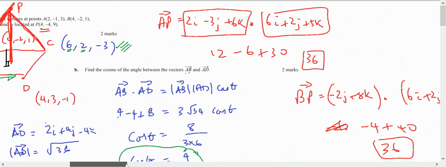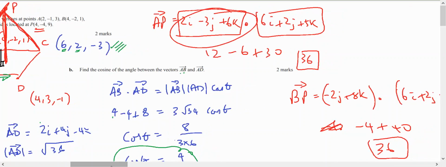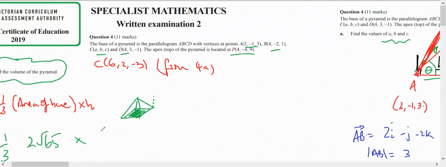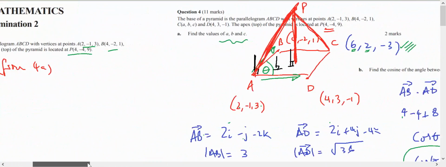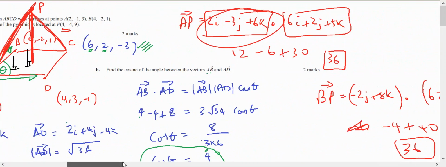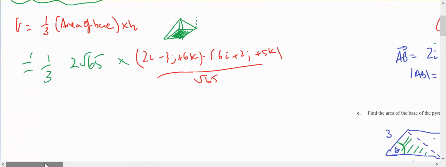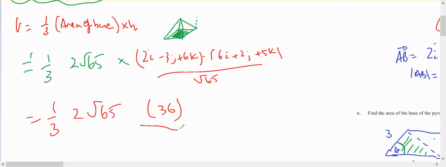So it's going to be, that's AP, 2i minus 3j plus 6k, dot 6i plus 2j plus 5k, all on root 65, which is going to give me 1/3 2 root 65, 36 on root 65.